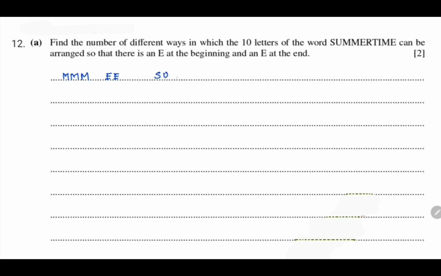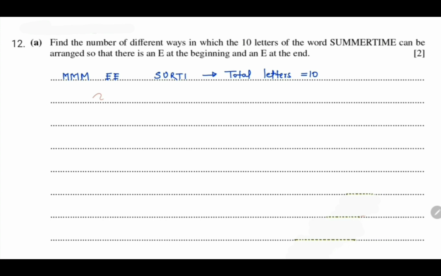U, E, R, R, T, I. Okay, so 3 plus 2 is 5, and 5 plus 5 is 10. So total letters is 10.